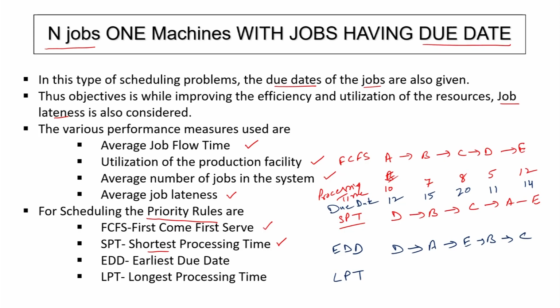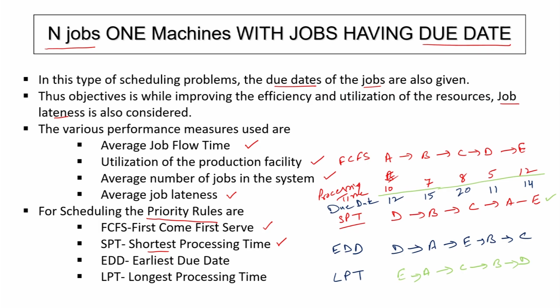So, if we follow the longest processing time policy, my sequence will be opposite to the shortest processing time. I can straightaway write from this. So, this will be E, A, C, B and then D. But this is very rarely used.